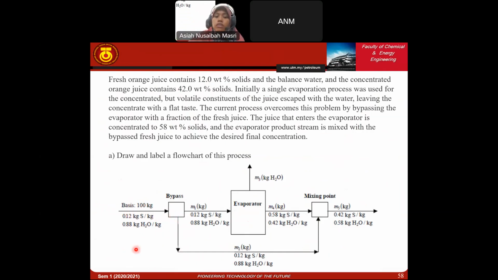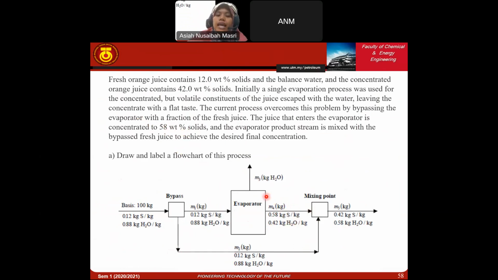So the fresh juice is 0.12 kilogram solid per kilogram. So the one entering the evaporator must be the same. The fraction that bypasses also must be the same. So here the composition is the same as this one and also this stream, the bypass stream. So what's left? The 58% solid must be the output of the evaporator. So this is the tip in case you got lost with the question.